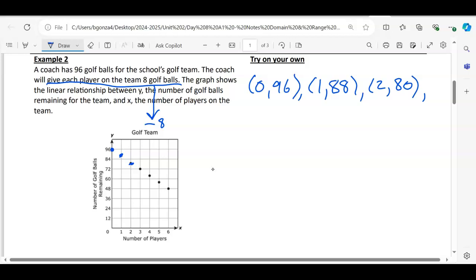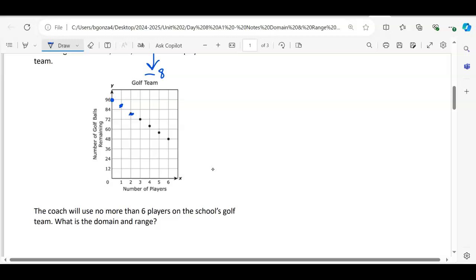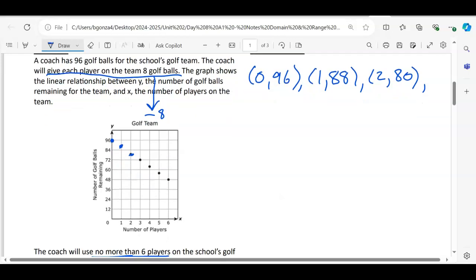And notice it says that he has how many players on his team, right? Down at the bottom, he will use no more than 6 players. So that makes sense that it stops right here at 6. So let's keep going. 3, comma, for 3, it's on the grid. You can see it right there, 72.